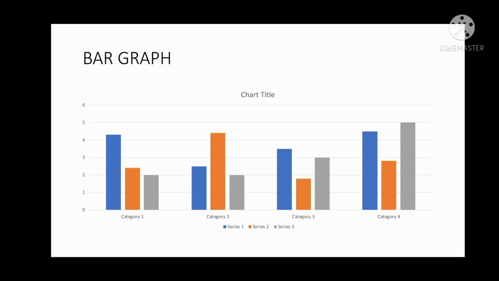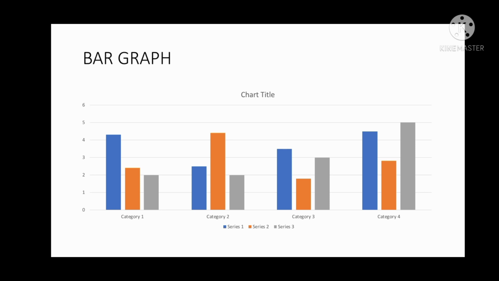So a bar graph, as you can see, is represented in rectangular bars to show if there is an increase or decrease in your data and for you to have an easy analysis of your data. All right?